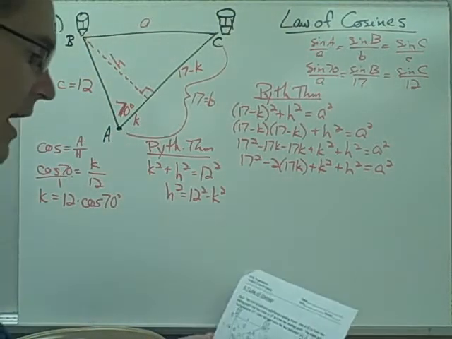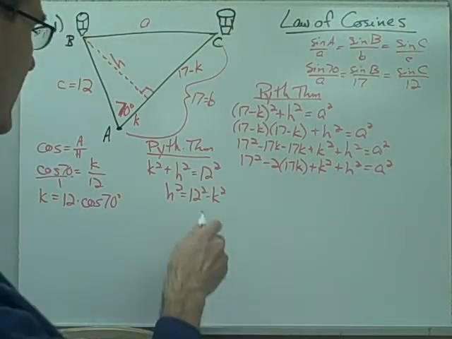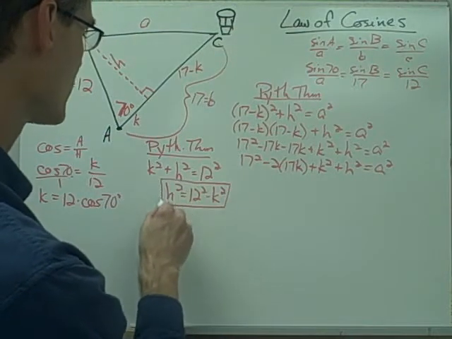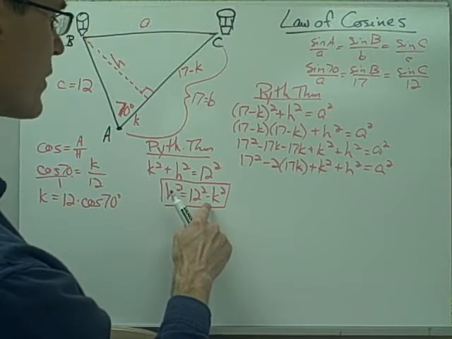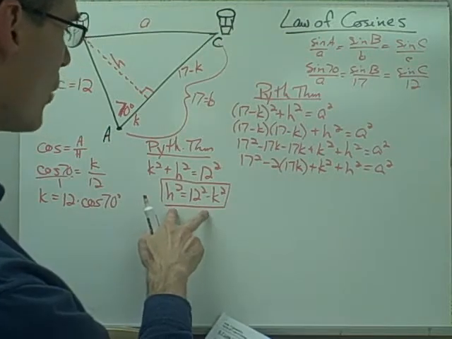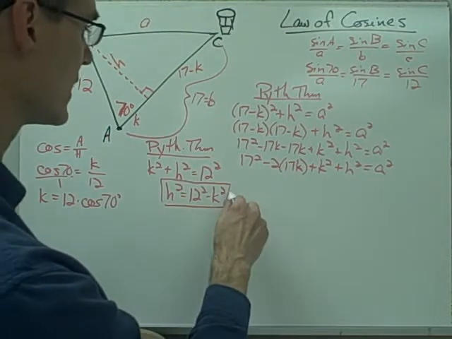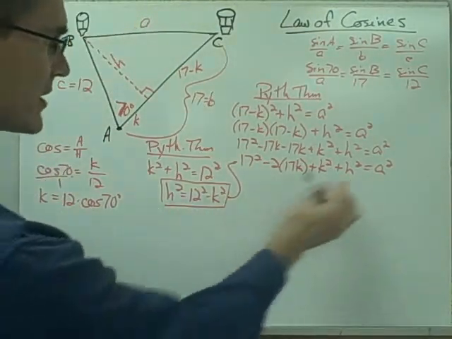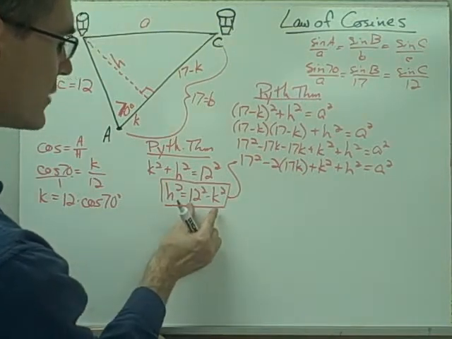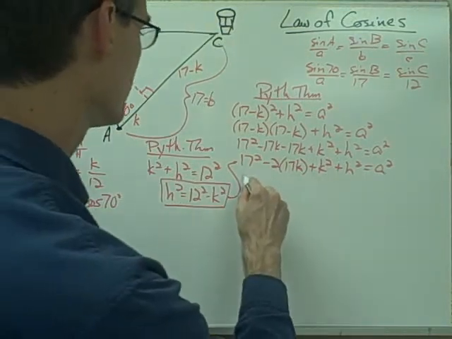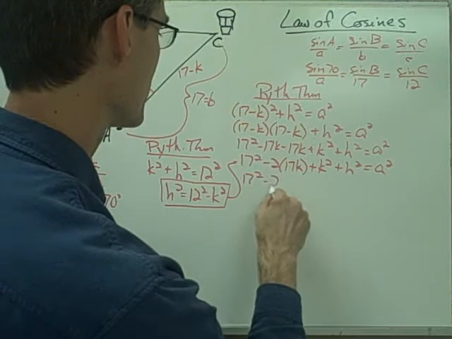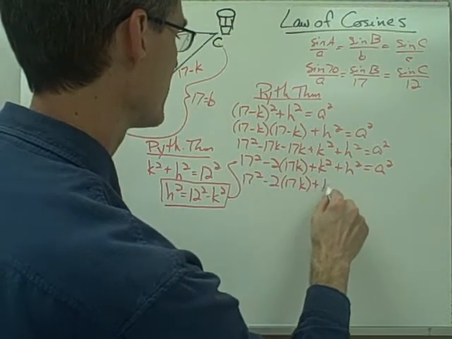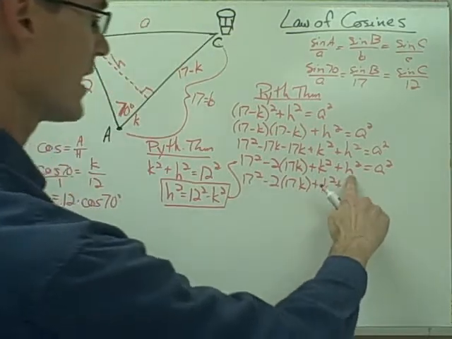Okay, now I want to use the first of my substitutions here. I'm going to take this value here. Notice that I've got h squared equals 12 squared minus k squared. Well, I'm going to take this value and substitute it in right here for h squared. In other words, instead of writing down h squared right here, I'm going to write 12 squared minus k squared. So 17 squared minus 2 times 17k plus k squared plus h squared.